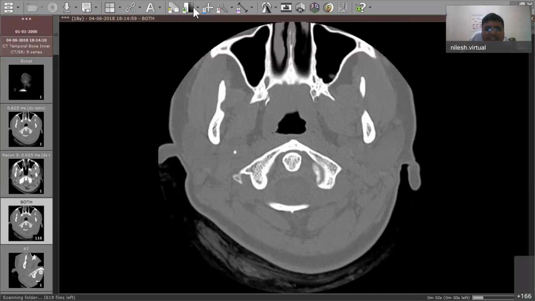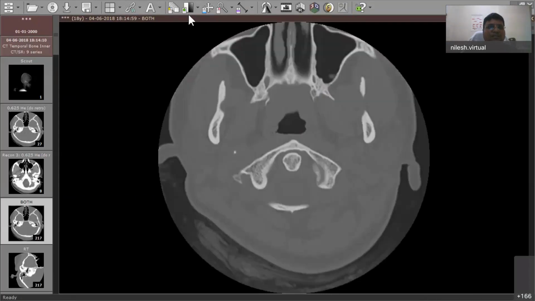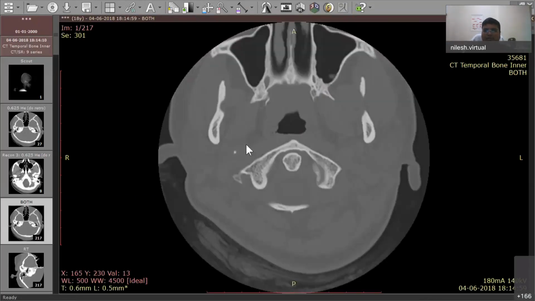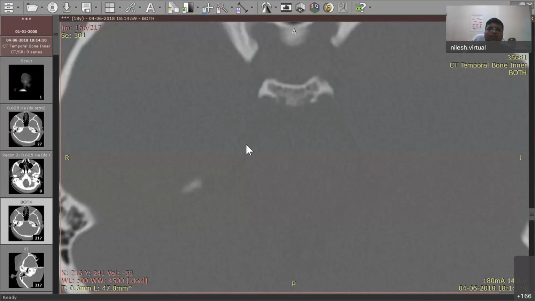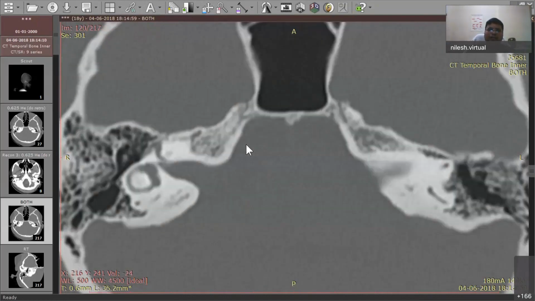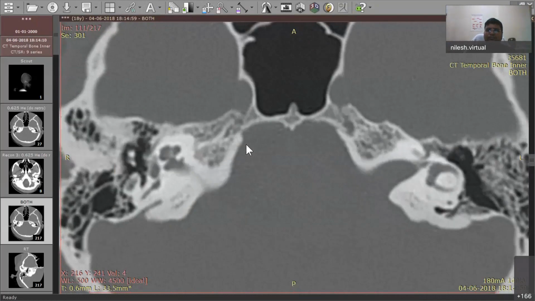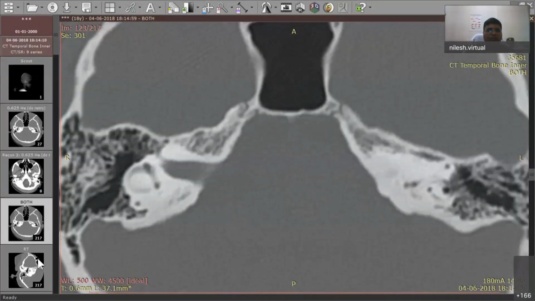As the name suggests, it has to come from the internal auditory meatus. So again, the same principle, we have to go and find the internal auditory meatus. And internal auditory meatus diverticulum will be in the anterior inferior part of the internal auditory meatus. So I think I can take only one side.